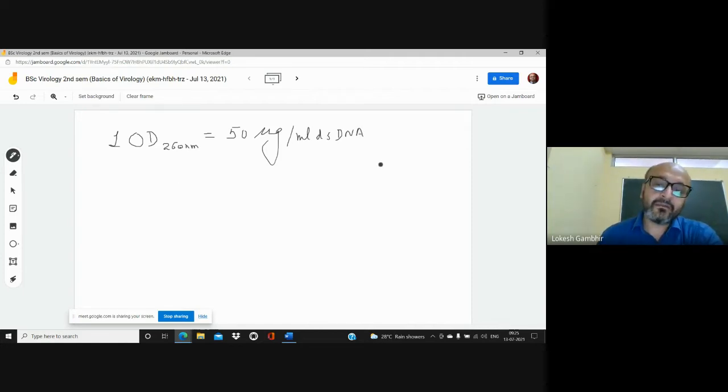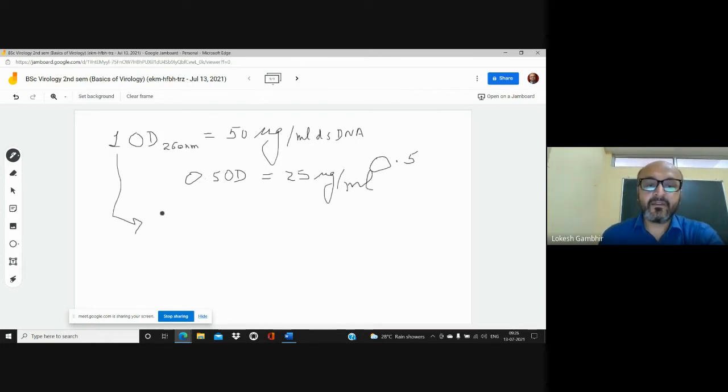Fine. So suppose I am getting 0.5 and I want to enumerate the concentration. It's simple. If 1 OD has 50, then 0.5 OD will have 25 microgram. So I can directly enumerate that 25 microgram is there with me, and that is what we are talking about for double stranded DNA.